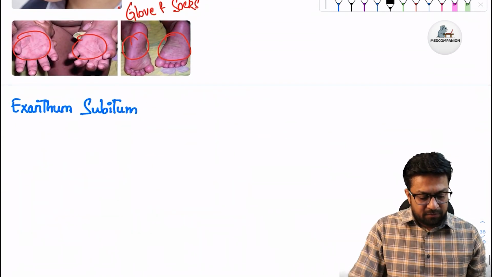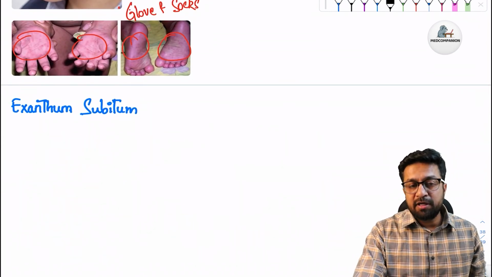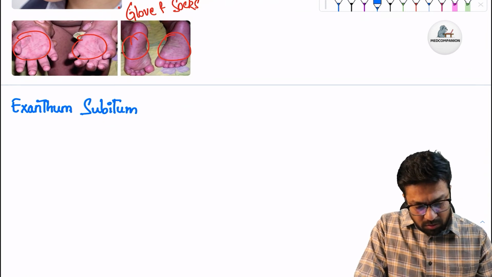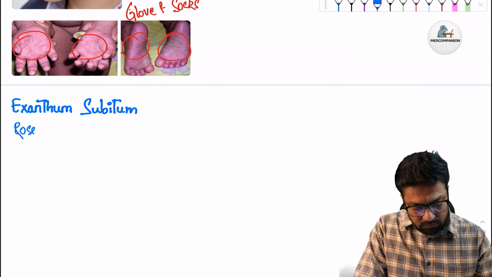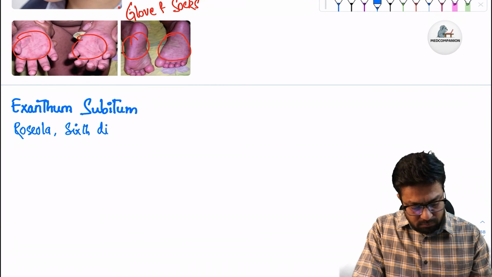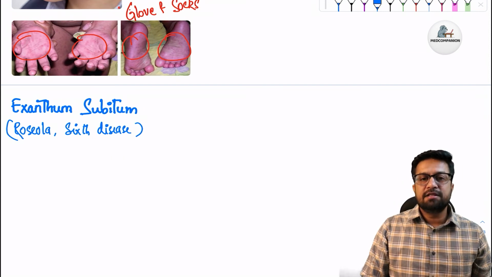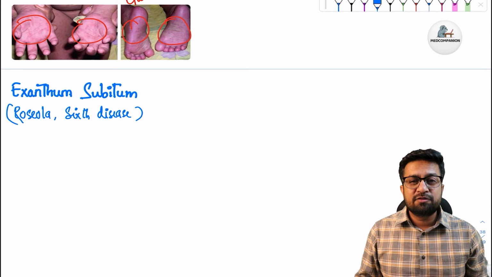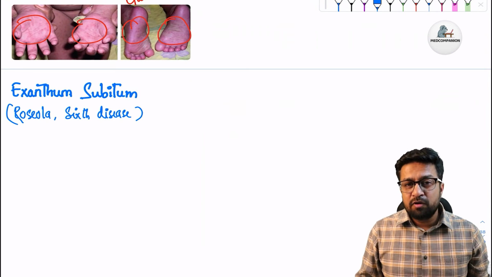And lastly, we have the exanthem subitum, which is also called as the sixth disease or roseola. We have to be very careful while solving the question, guys, because here are these phonetically similar sounding words.